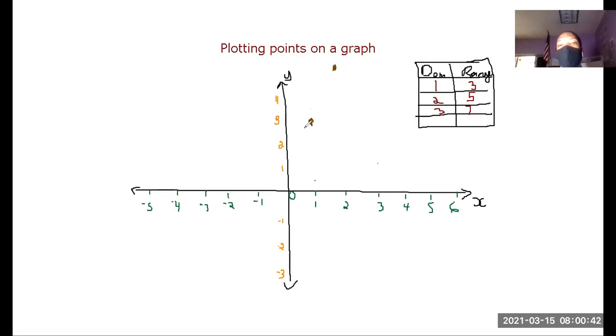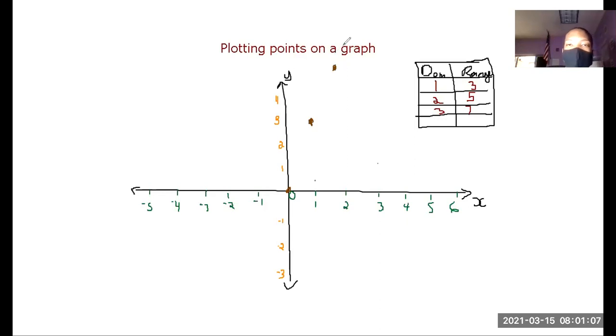So then I have those 2 points. And once I have those 2 points, a lot of times you want to plot at least 3 points. Based off how this constant of proportionality thing is going, I know that my other point would have been here. That would be 0, 0.